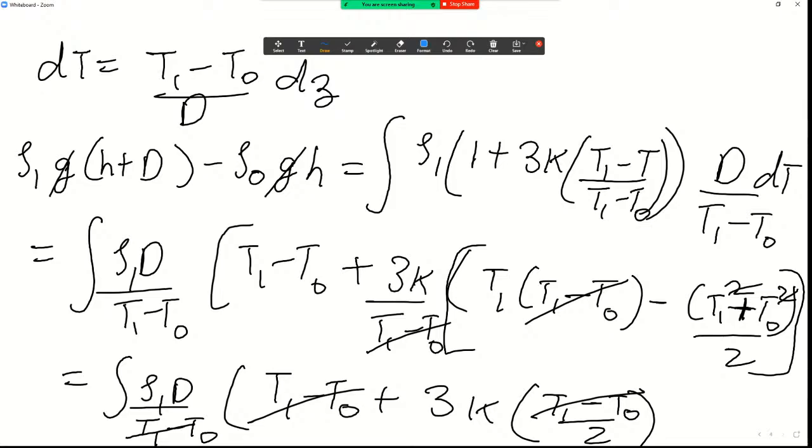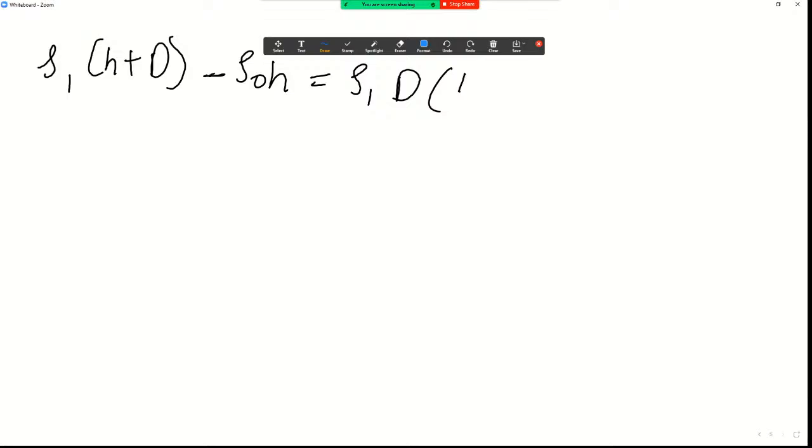Can you bring a new screen so that we can continue? From the previous expression, we have rho 1 (h plus d) minus rho 0 h equals rho 1 d (1 plus 3k by 2). Oh, okay. So from here we have to find d.